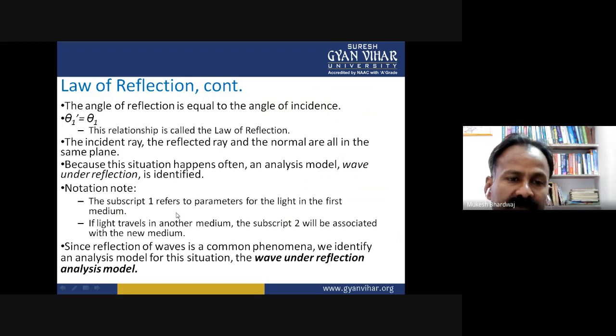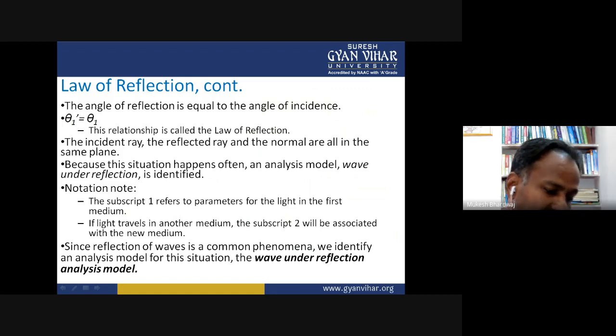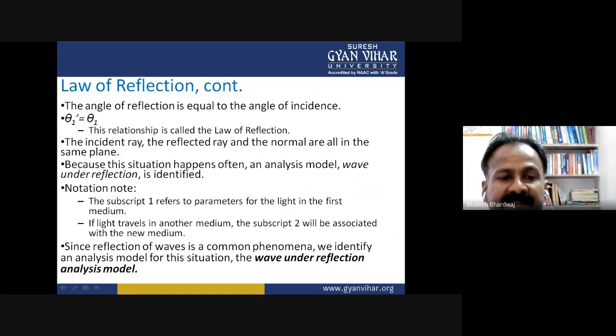Notation note: the subscript 1 refers to the parameter of the light in the first medium. If the light travels in another medium, the subscript 2 will be associated with the new medium, which will be used later on. Since the reflection of waves is a common phenomenon, we identify an analysis model for this situation, the wave under reflection analysis model.